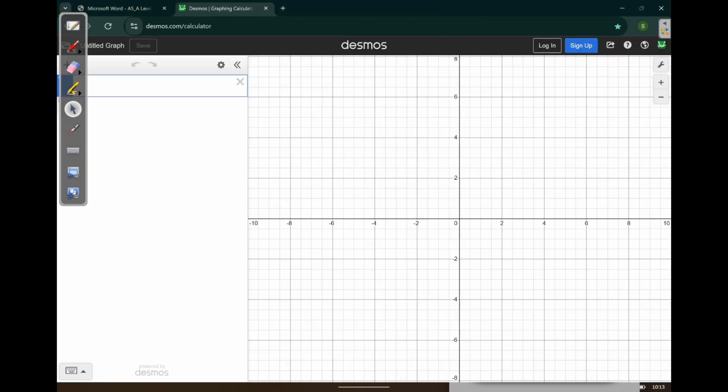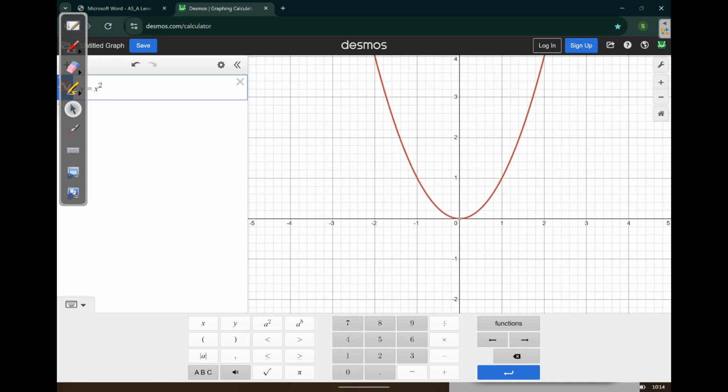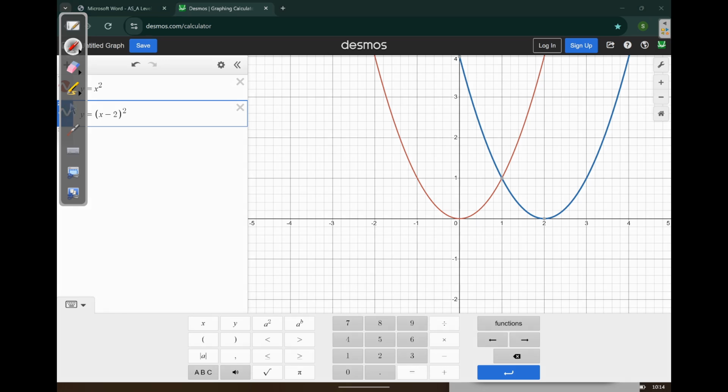For example, if we have this graph here, let's say y is equal to, let me use the simplest one, x squared. That is the graph there, okay? It's a U-shaped curve. And then I have y is equal to x minus 2, squared. Now you have seen that it has shifted 2 units to the right, but here I put a negative.